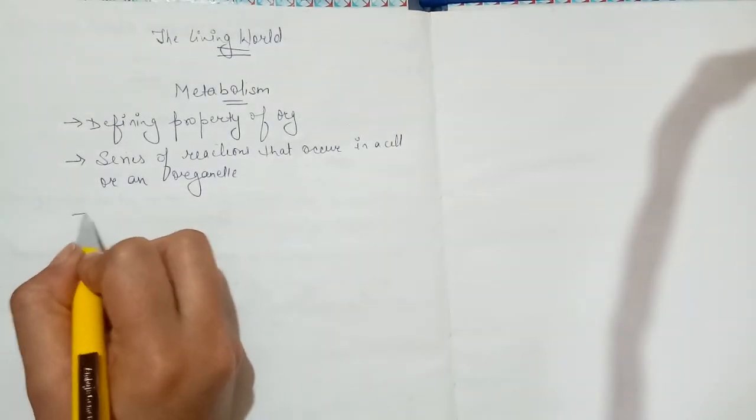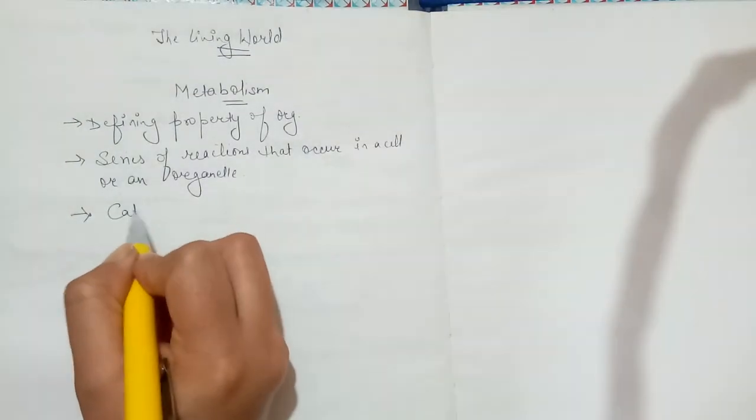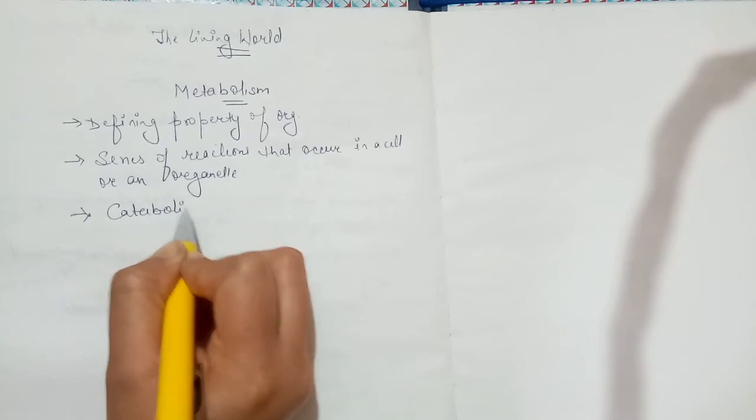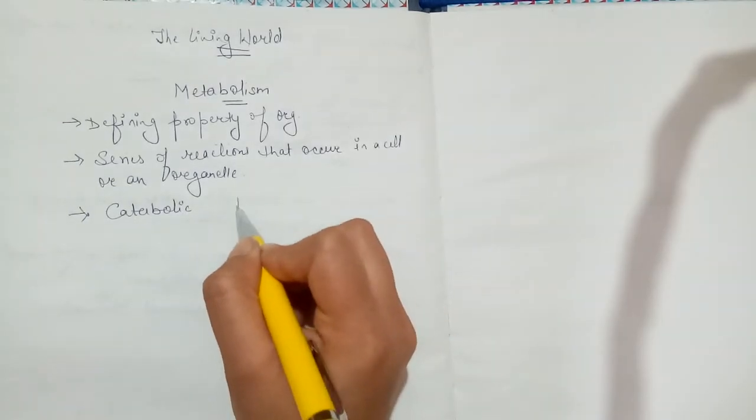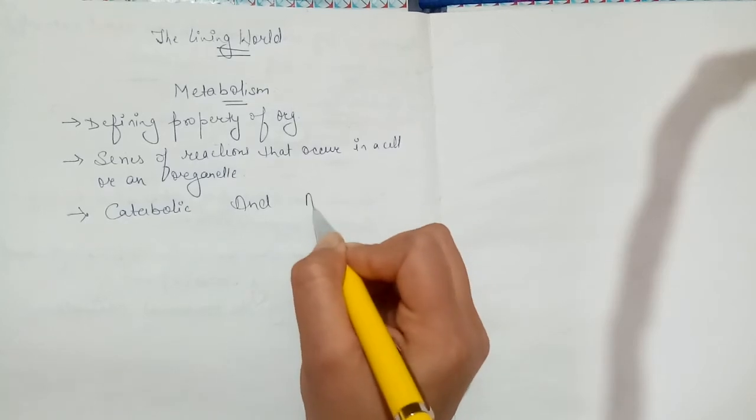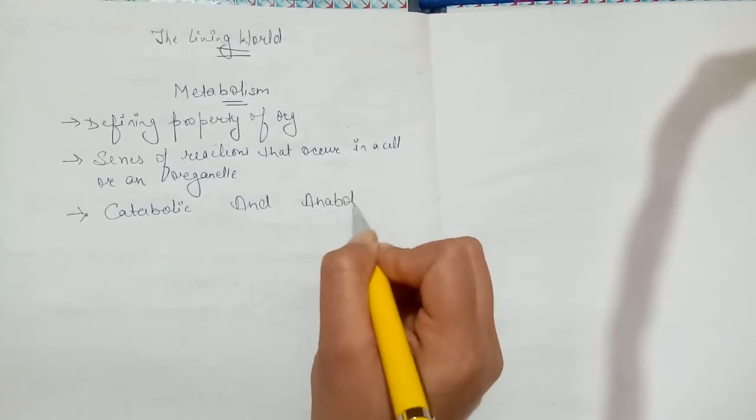Metabolic reactions include two types of reactions, which are catabolic reactions and anabolic reactions. Together these reactions are known as metabolic reaction or metabolism.